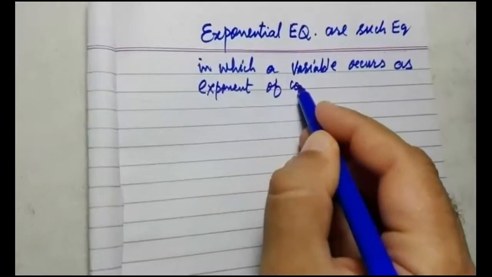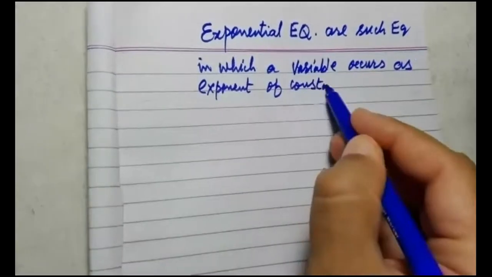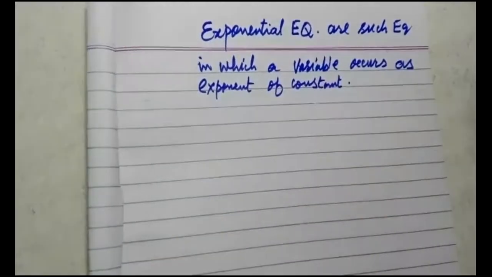This is the definition, and I am also writing examples. The variable becomes the power or exponent.